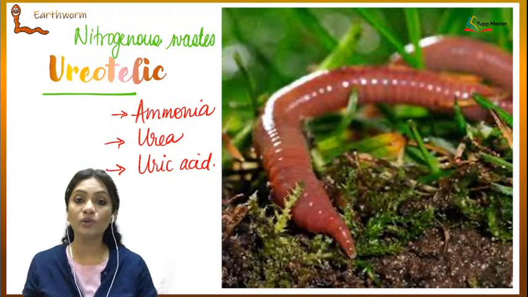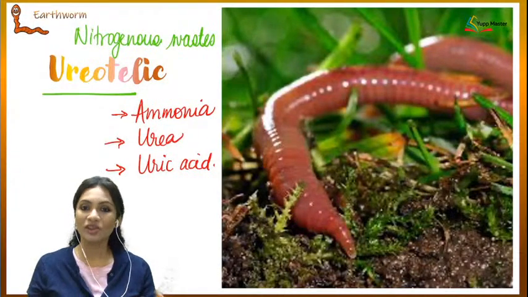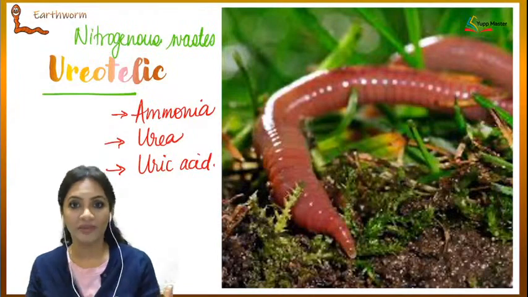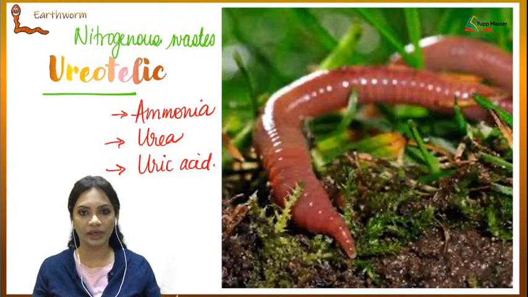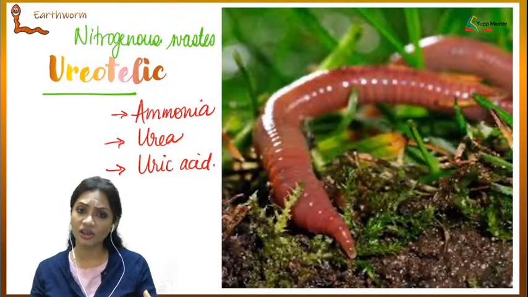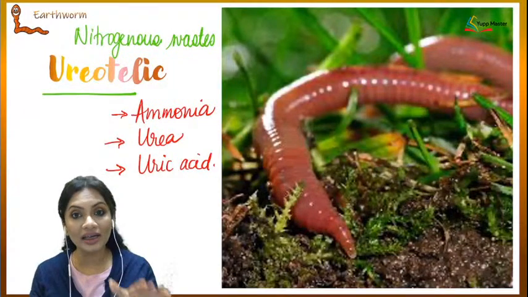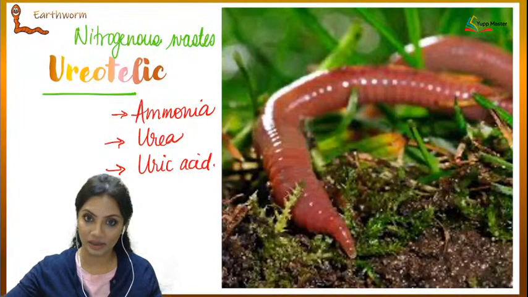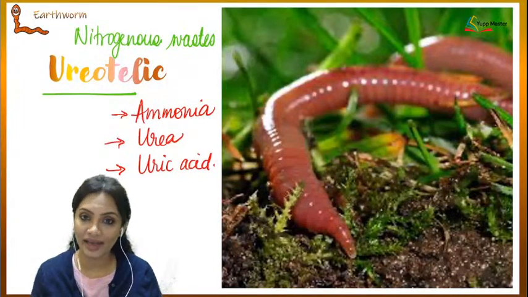Because to excrete means you want to throw it out of the body. So when you want to throw this out of the body, you need a certain amount of water to eliminate ammonia, a certain amount of water to eliminate urea, a certain amount of water to eliminate uric acid. So depending upon how much water is available, that organism would exhibit that mode of excretion.